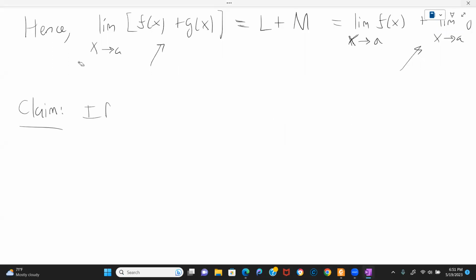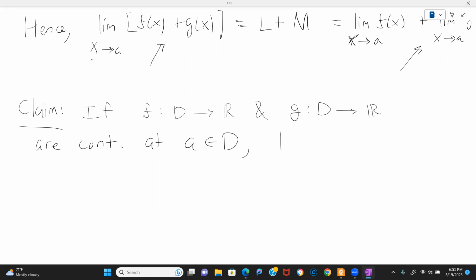Let's say we have two functions, f from D to the real numbers, and g from the same set D to the real numbers. So they have the common domain, and they're continuous at a in the domain. Then f plus g and f times g are continuous at that same point.